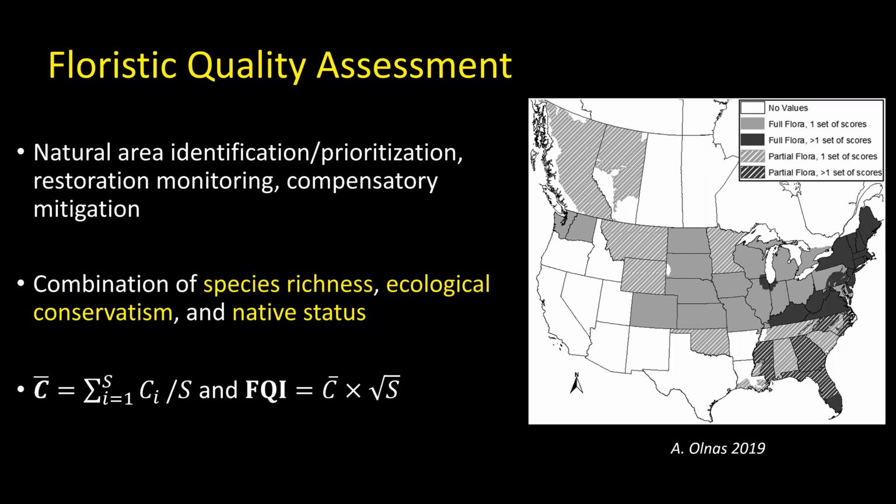It has been described in many different ways, but the simplest form of this index is simply mean C, and mean C times the square root of species. These can be native species or all species. And again, there isn't consensus about which formula to use. One of the papers that we're working on currently, we've suggested a slight variation to this formula.